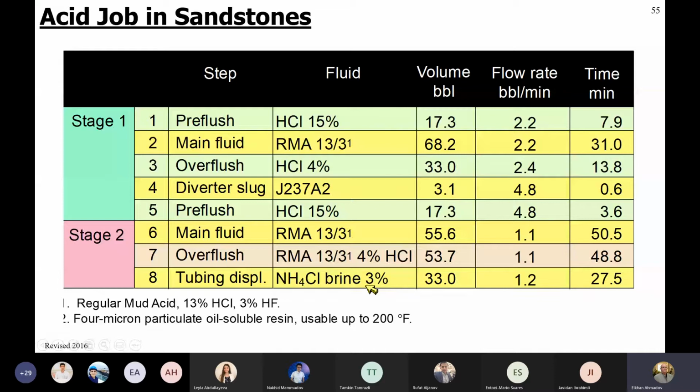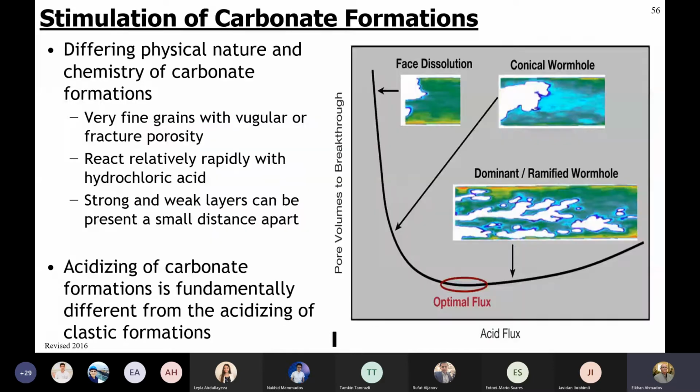We clean the tubing as well from all this material, and then reinstate the production. So that's a two-stage acid job, and the number of stages depends on the number of zonations in the reservoir and the severity of damage for each zone.